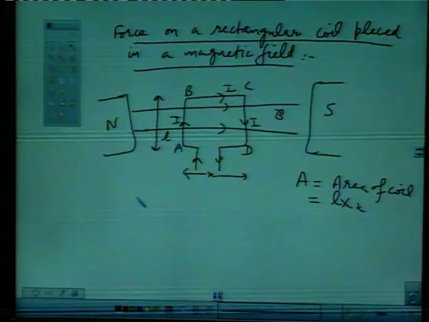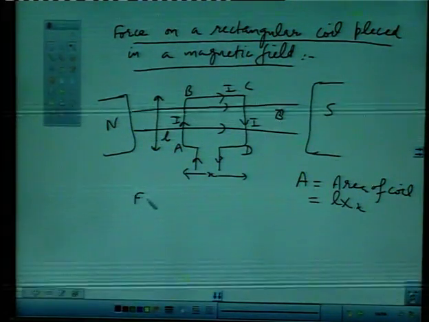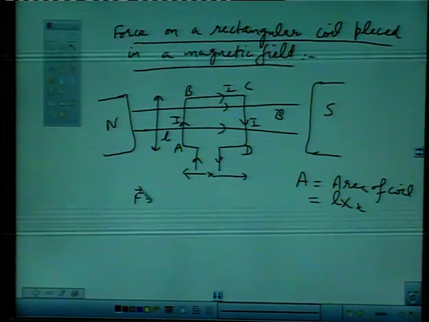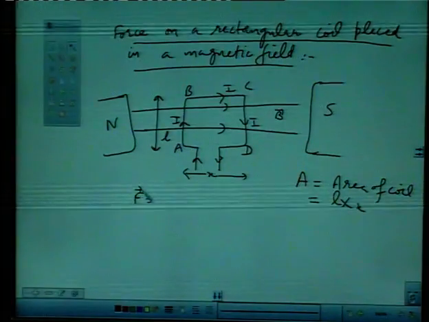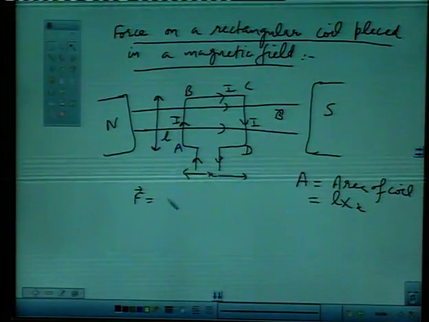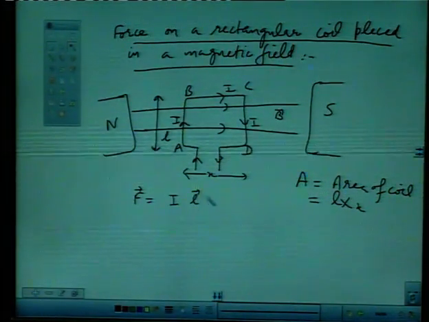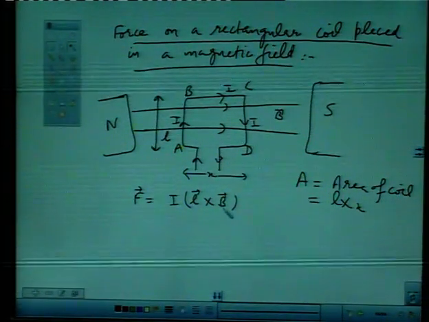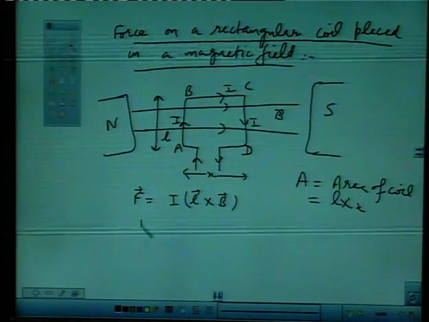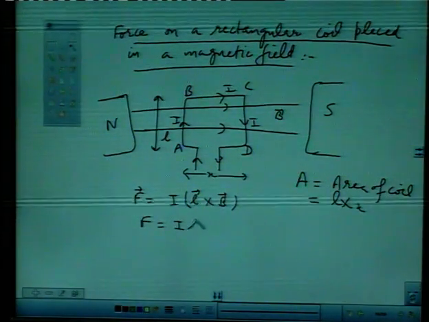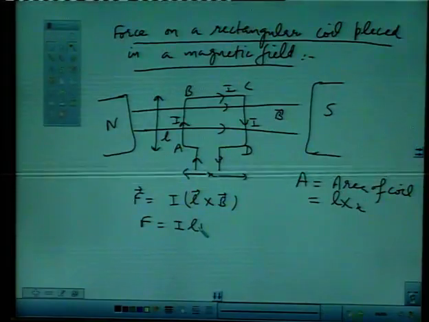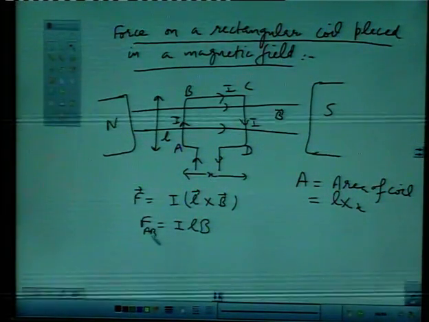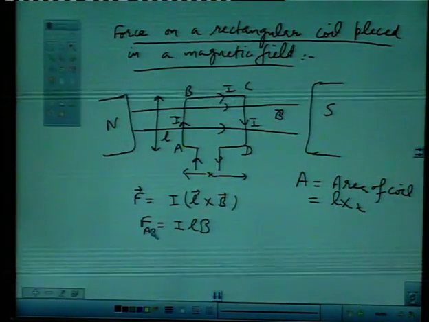Now the direction of current is in the upward direction and B is from left to right. Now the magnetic force F, due to a straight conductor, is equal to I L vector cross B vector. Since L and B are perpendicular, we have F equal to I L B. This is the force acting on the AB edge.